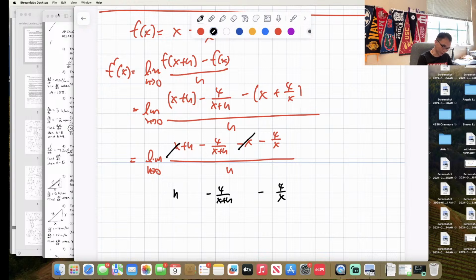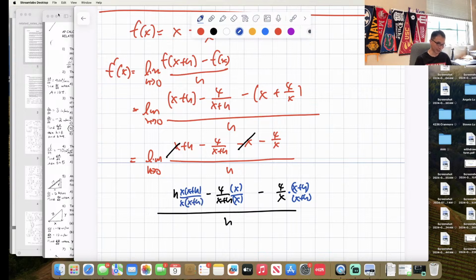I leave some space because I know I need to combine the fractions. So I need to multiply this by (x plus h) over (x plus h). I need to multiply this by, I believe, x. And I need to multiply this top and bottom by x times (x plus h). Sorry, let me rewrite that. x times (x plus h) over x times (x plus h).